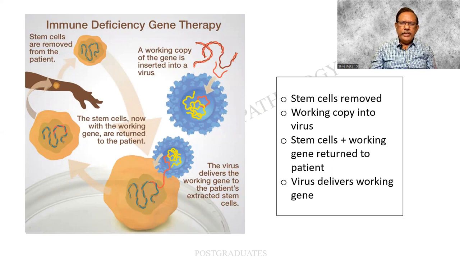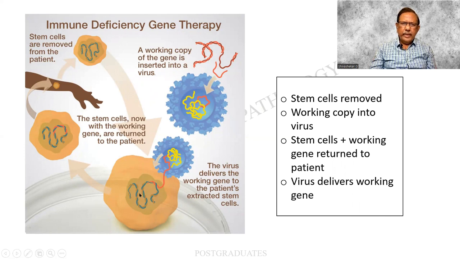Even for immune deficiency, such as AIDS, you find gene therapy is now being attempted. Look at this one. There is the working copy of a gene that is getting inserted into a virus. So this is a viral cell. It is getting inserted. And the virus has got a property of going inside the host cell. It goes and infects. But what is happening here? There is a modified gene that has been inserted.